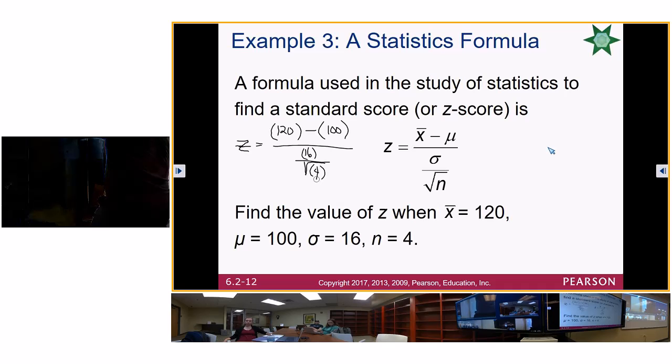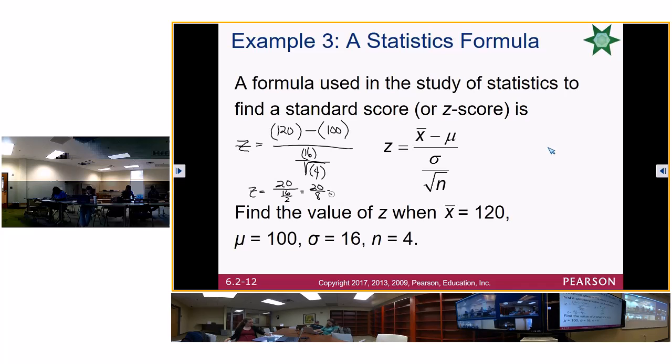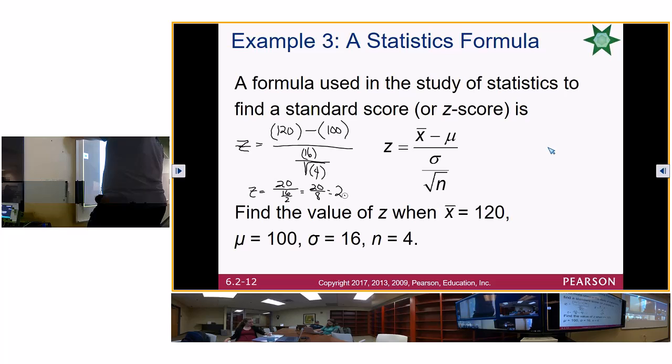So that's going to be Z is equal to 20 divided by 16 divided by 2, which is 20 divided by 8, which is equal to 2.5. 2 point what? 5. And that should be your answer.